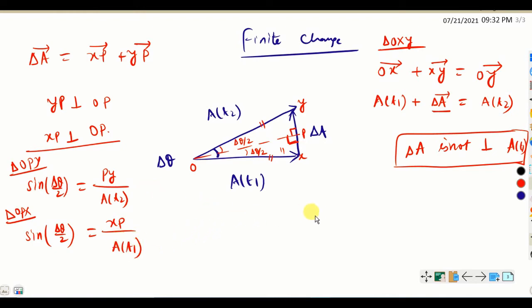So we can write PY is A2 sine delta theta over 2, and XP is A1 sine delta theta over 2.